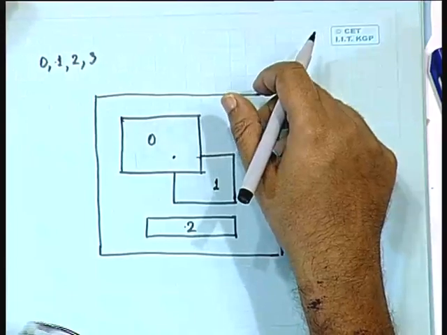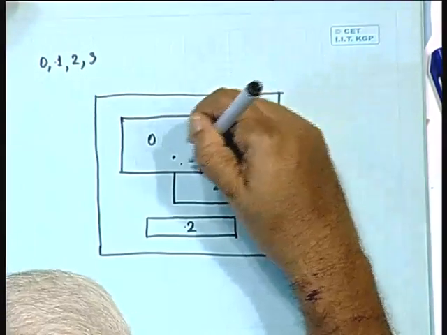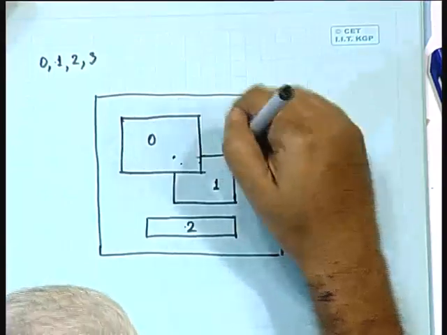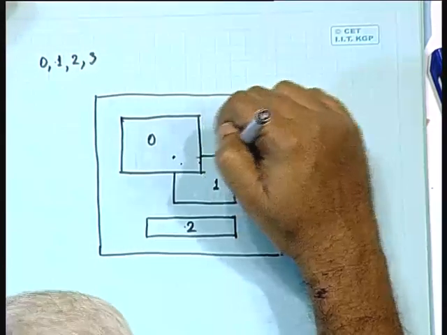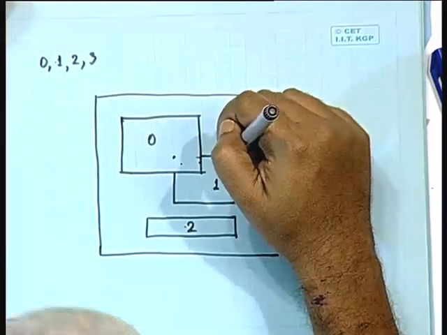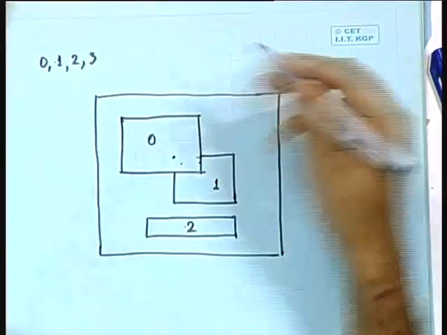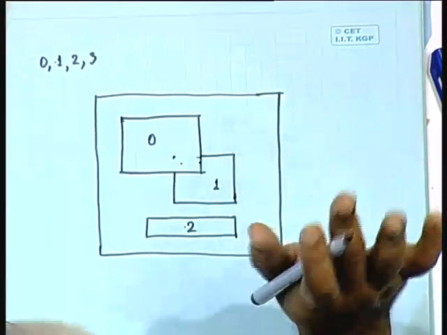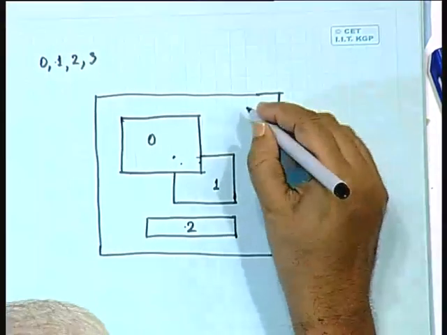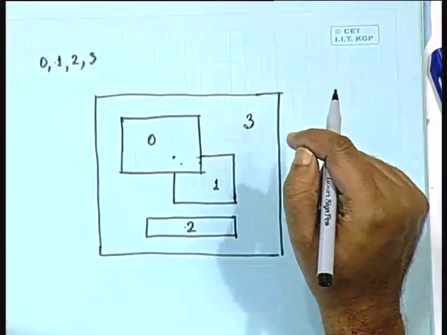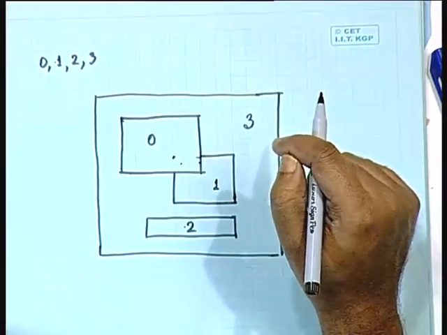So these macro blocks will be under group number 0 and the rest of the macro blocks will be group number 1, this will be group number 2, and all the remaining macro blocks, which of course are not in raster scan order anymore, will be labeled as slice group 3.